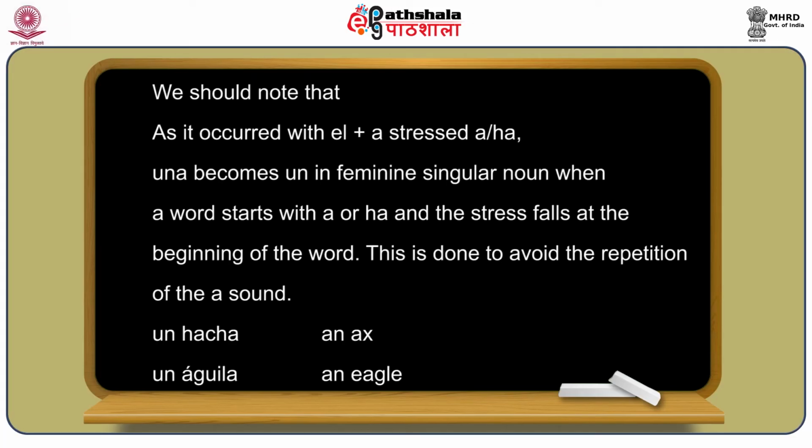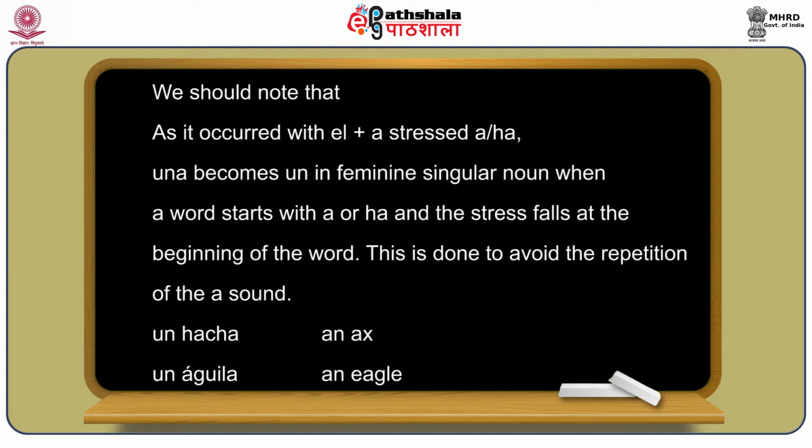Now in the same way, we should note that as it occurred with el, if a noun starts with a or ha, then we used to use el agua, for example, and el hacha, because agua started with a, and even though it was feminine, we used el just not to repeat the sound of a.